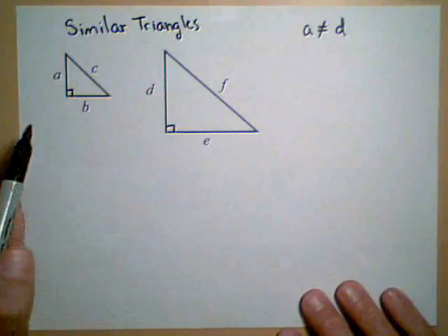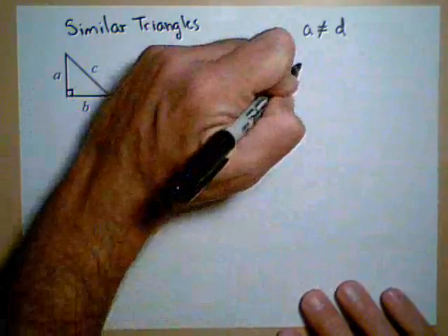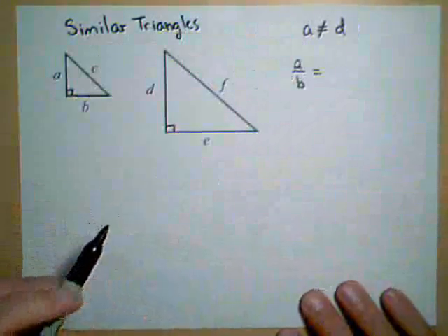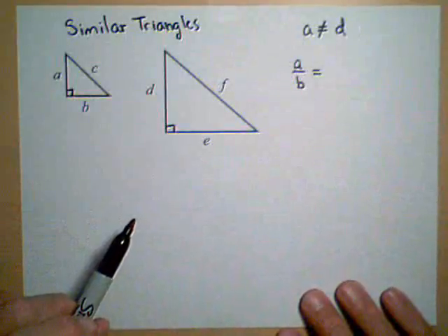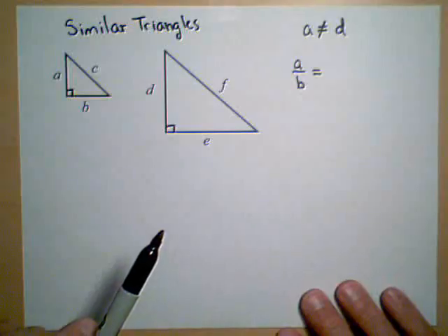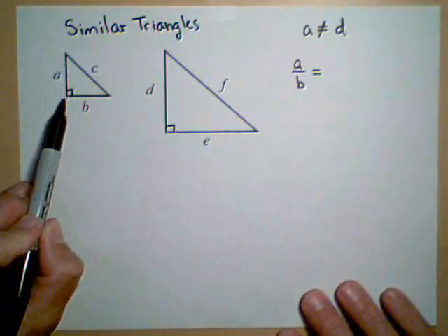But if I take the ratio of two sides in our smaller triangle, say A to B, that will be equal to the ratio of the corresponding sides in the bigger triangle. Let's talk about what we mean by corresponding sides. Notice where A is.